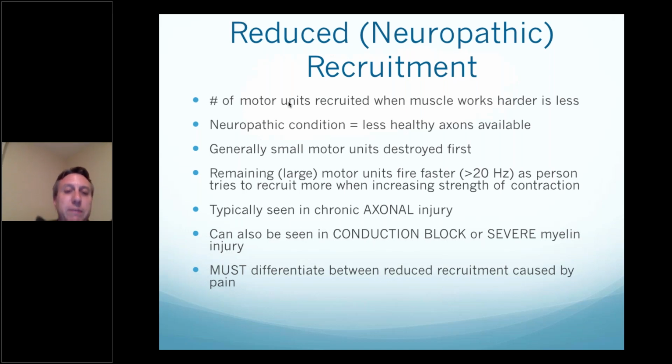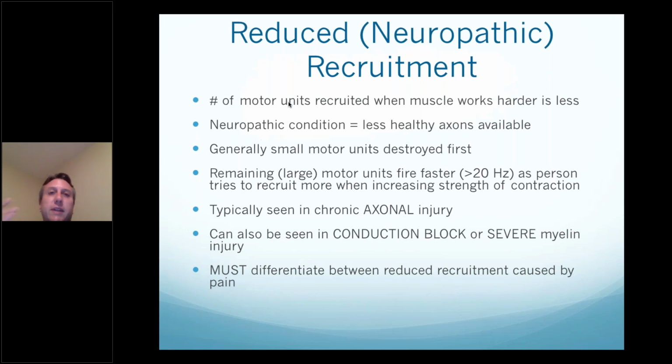These are typically seen in axon injury, but not always. Here's one of the exceptions. These can be seen in a conduction block, and a conduction block is basically a severe myelin injury. It's a severe myelin injury because there's no way for the person to recruit more muscle fibers. So they're trying to recruit, but something is blocking it. So this is one of the times where EMG can indirectly give you some information about the myelin health.